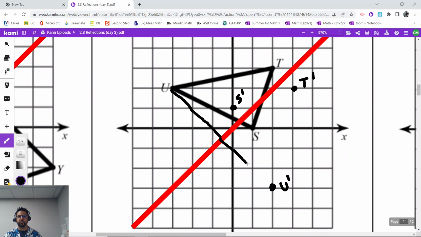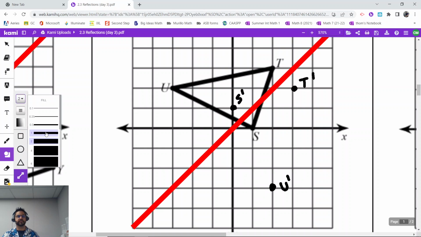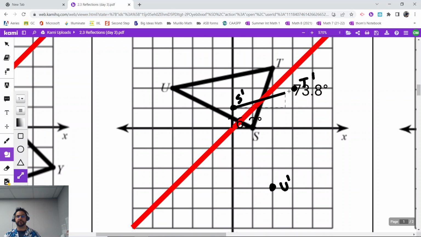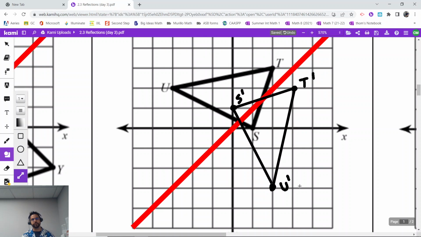We go back and lightly erase that. And that allows us to go ahead and connect our 3 points to have our new triangle. Beautiful.